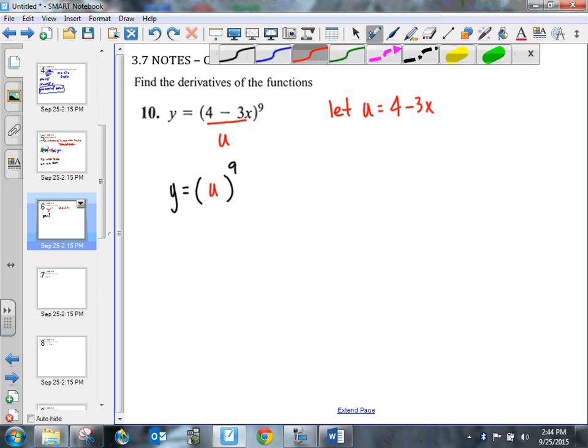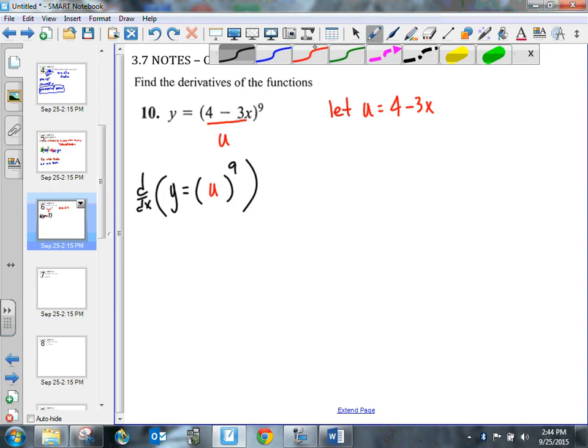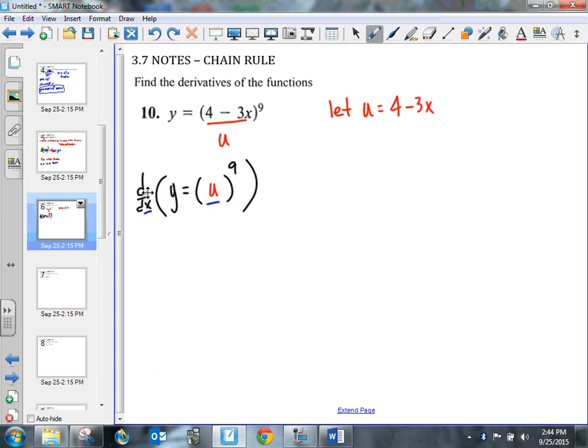If I took the derivative of this whole thing with respect to x, one thing I want you to see is that the x and my variable u don't match. Since those don't match, I have to use the chain rule. U is a function, it's 4 minus 3x.